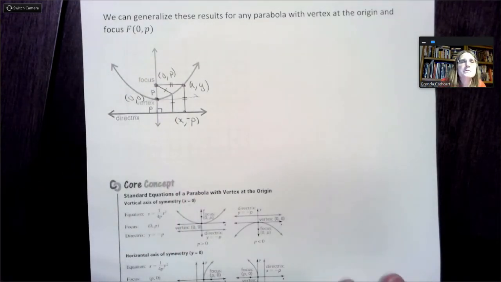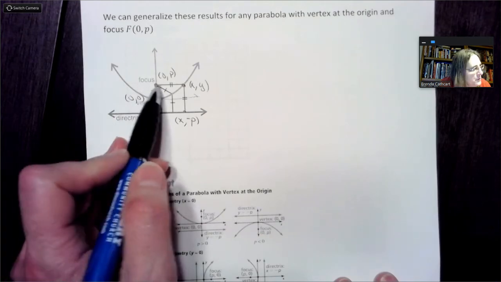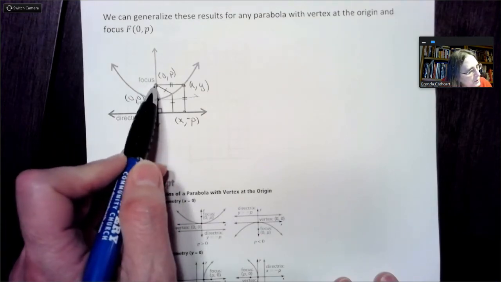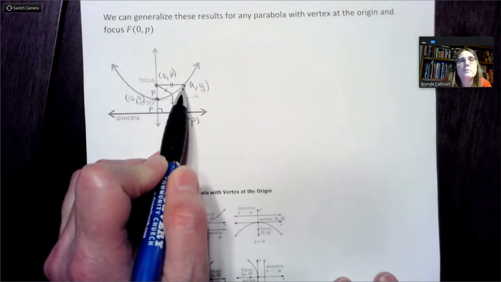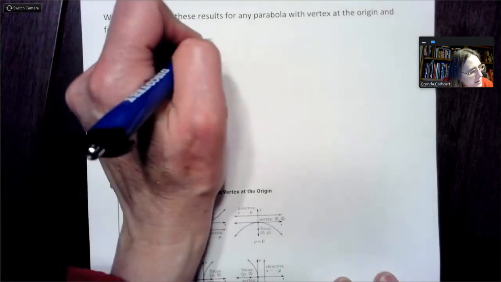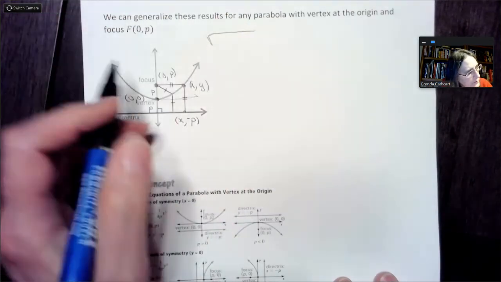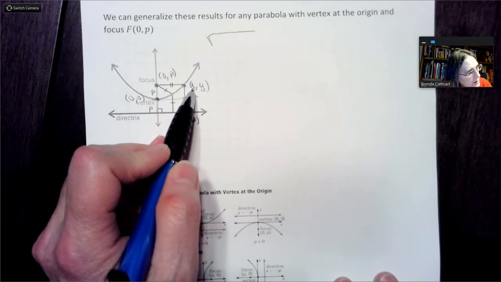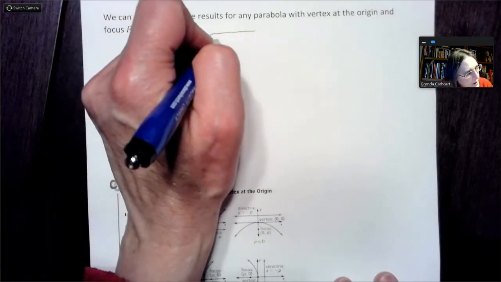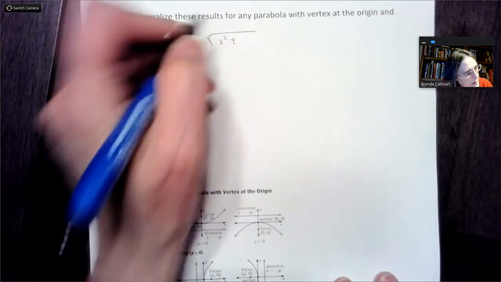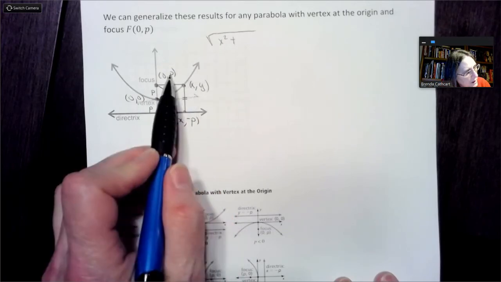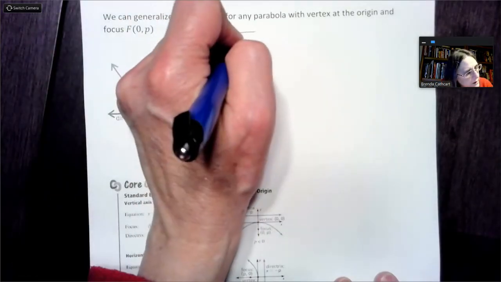Okay, so let's use our distance formula again. Our first distance is the distance between the focus and the point on the parabola. So that distance is the square root of our x-coordinate subtracted, (x minus 0) squared, or x squared, plus (y minus p) quantity squared.